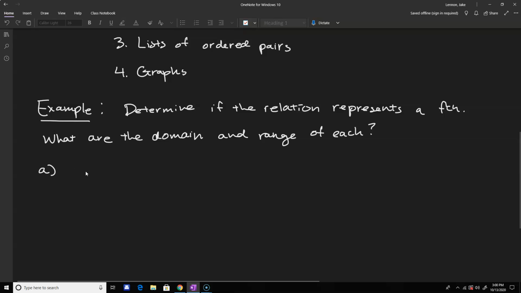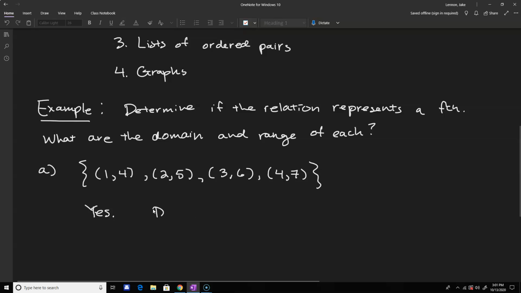So let's say we have a set with (1, 4), (2, 5), (3, 6), and (4, 7). Each input doesn't appear twice, and it has only one output. So yes, this represents a function. So the answer here is yes.